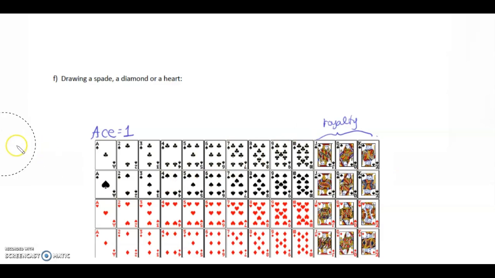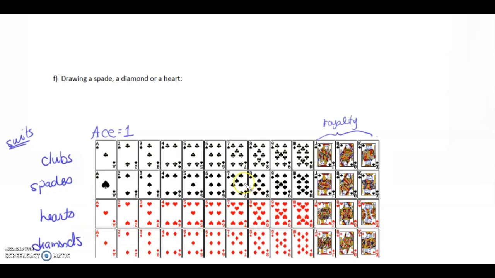We also have 4 different suits. This one's called clubs. This one's called spades. These are called suits. This one's obviously hearts. And this one's called diamonds.